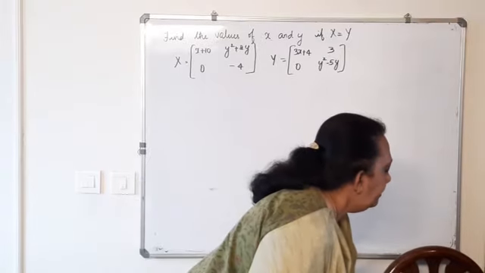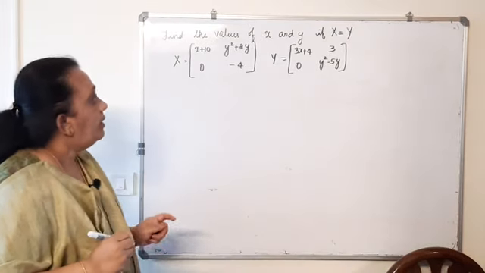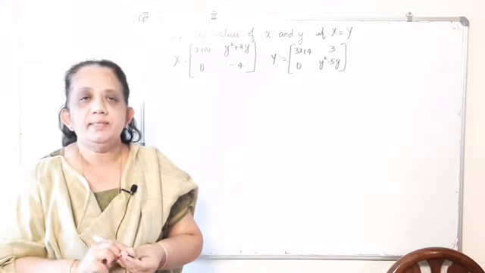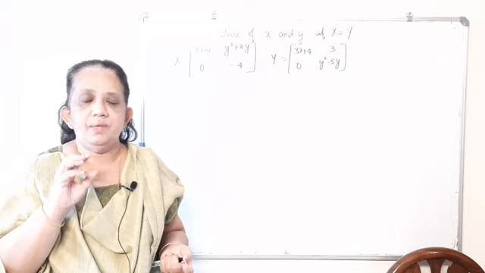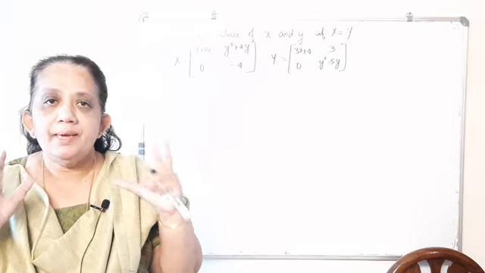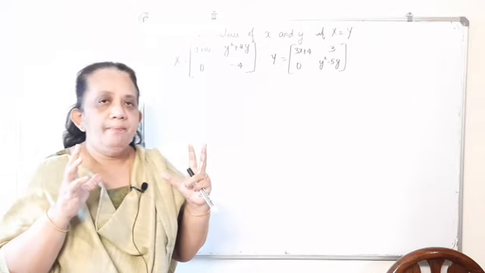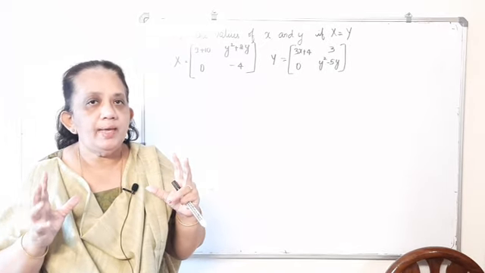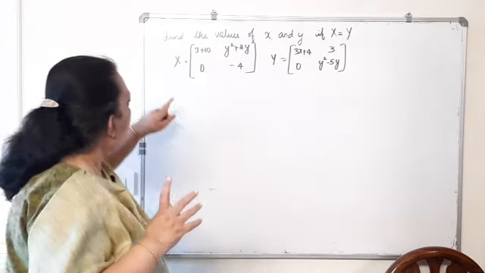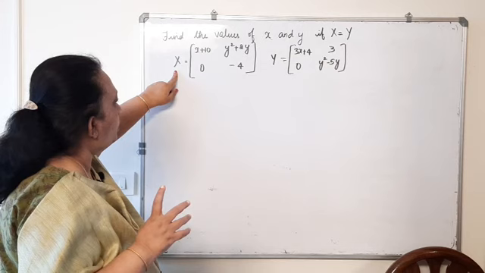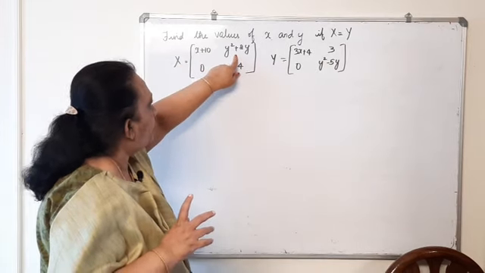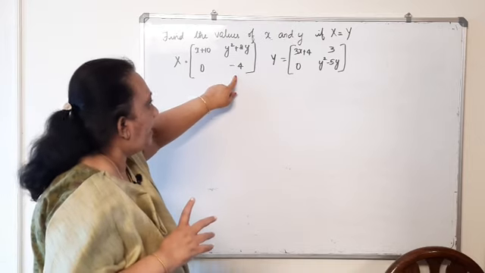Now, here in this case, find the values of small letters x and y. Small letters x and y will be elements of the matrices, and capital letters X and Y denote the matrix as a whole. So, each matrix is unique, and matrices are named by using capital letters of the English alphabet. Capital X is a 2 by 2 matrix [x plus 10, y squared plus 2y; 0, minus 4].